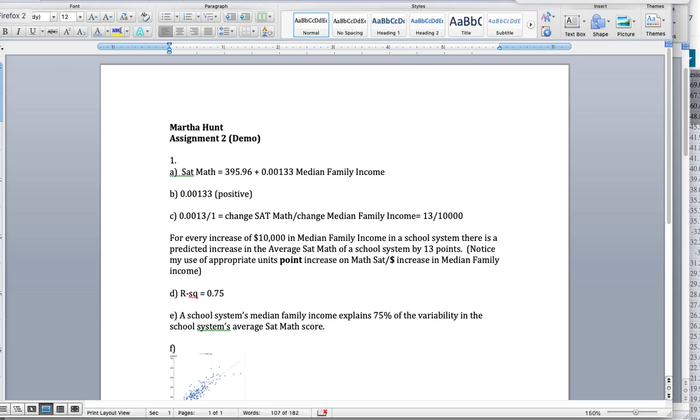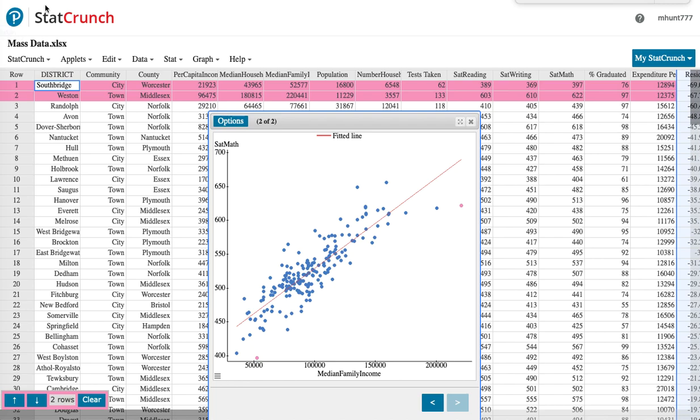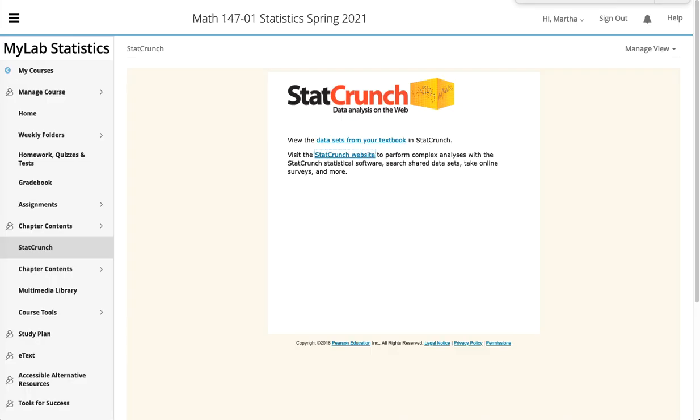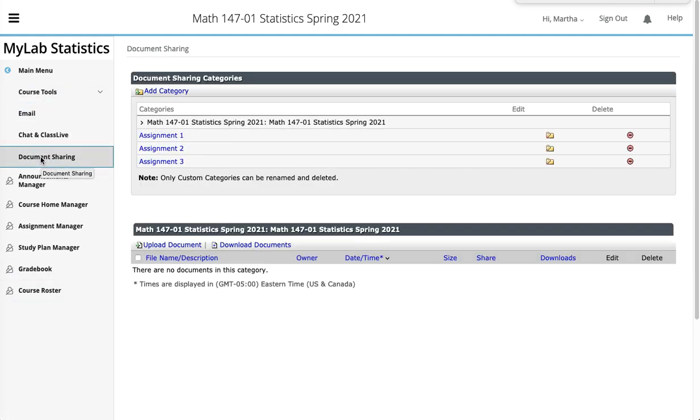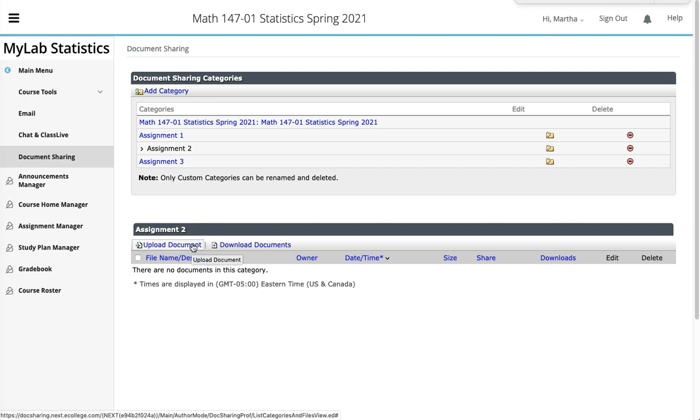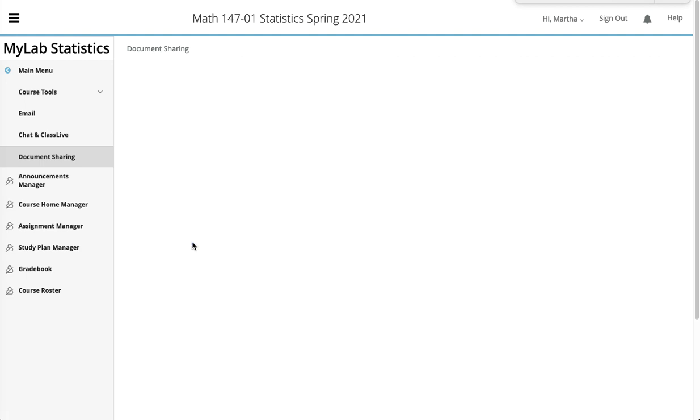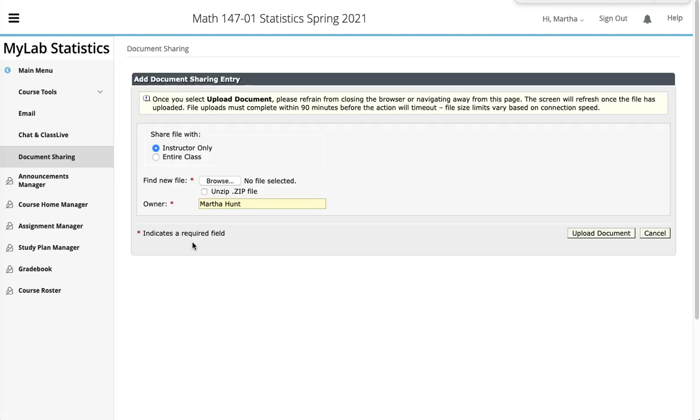And then when you go back here, you're going to go back to your home page and you are going to go to Course Tools, and then you're going to go to Document Sharing, and under Assignment 2 you are going to upload your document. I'm not going to do that. Upload your document, or I'll show you what happens. The owner is me, and we're going to upload it.